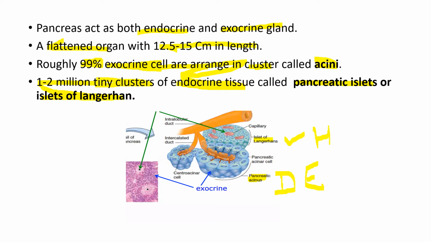And one islet of Langerhans is surrounded by many pancreatic acini. Here you see the duct, that is the intralobular duct, and you can also see the intercalated duct.